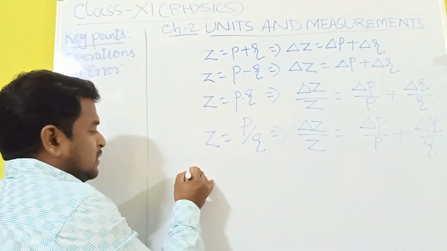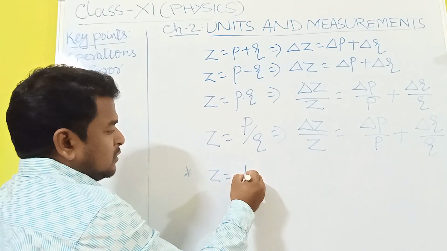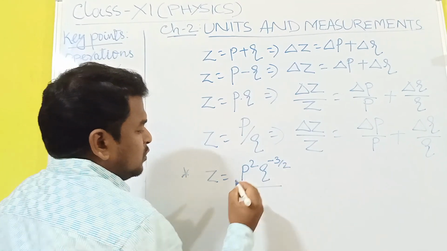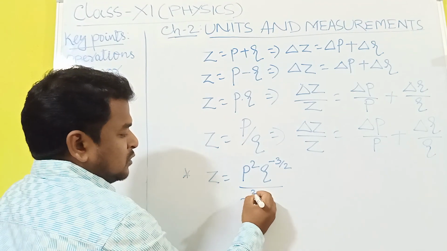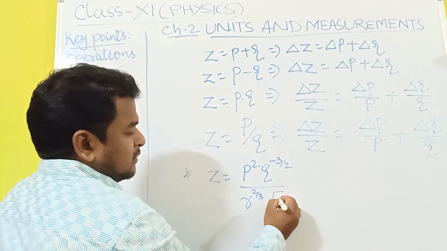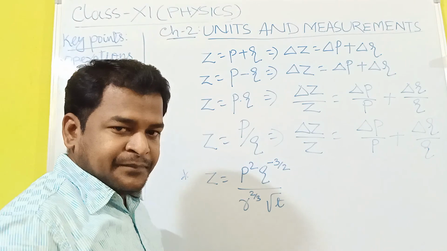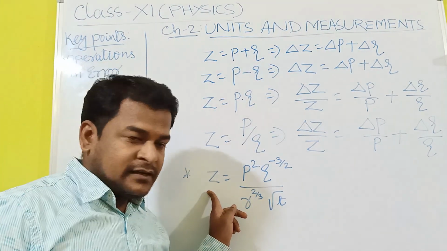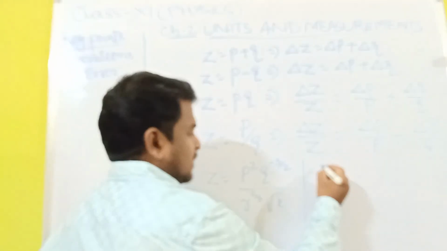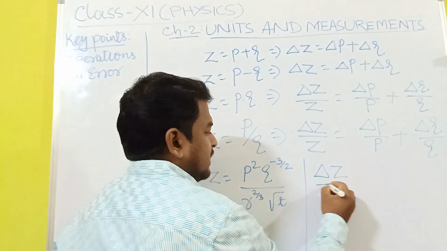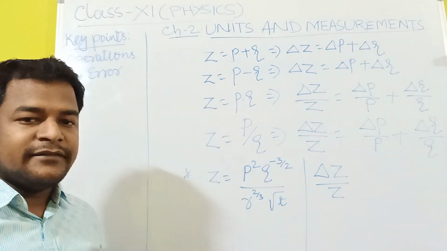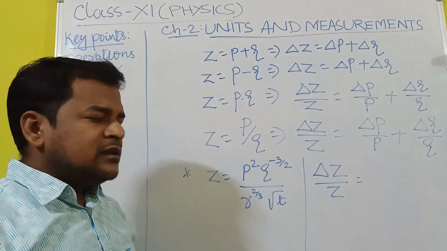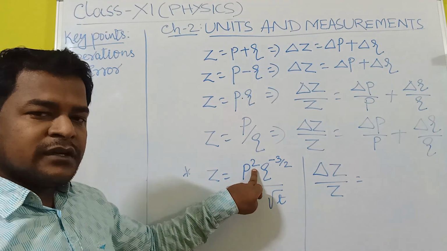Suppose z equal to p square q to the power minus 3 by 2 r to the power 2 by 3 root t. Okay, and we have to find out the relative error of z. Delta z by z is the relative error of z. How can we find out? Simply, okay, we will write here p square.